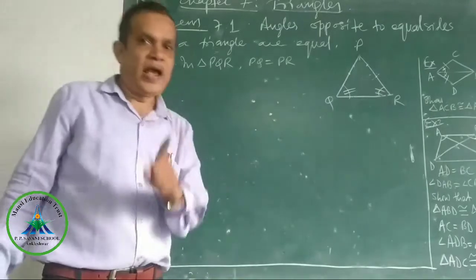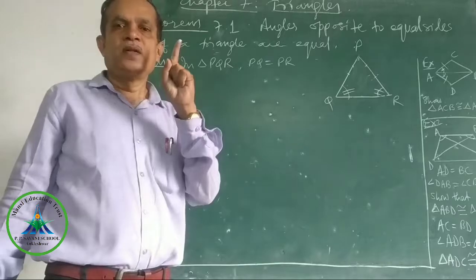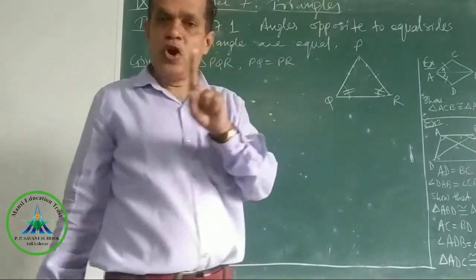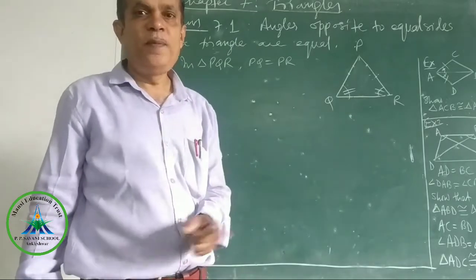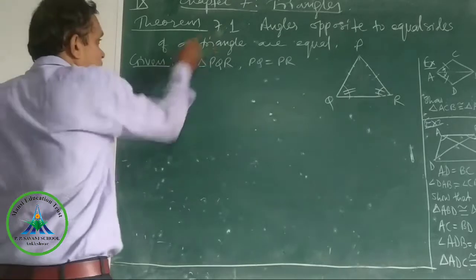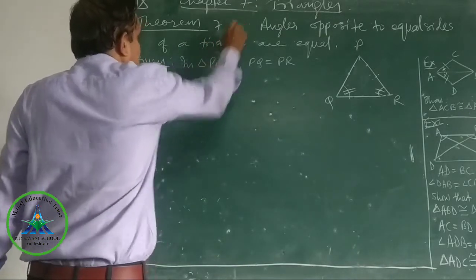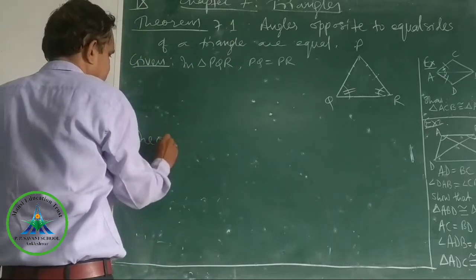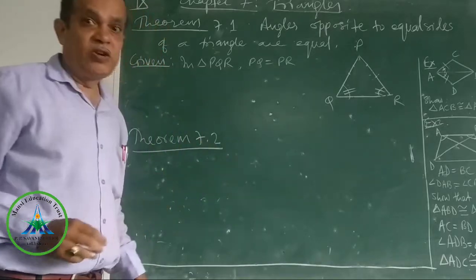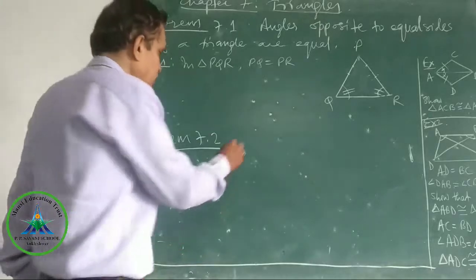We proved angles opposite to equal sides of a triangle are equal. That means sides opposite to equal angles are also equal. That is called the converse of theorem 7.1. So let us give a name to this now. Theorem 7.2. This is a corollary or converse of 7.1.